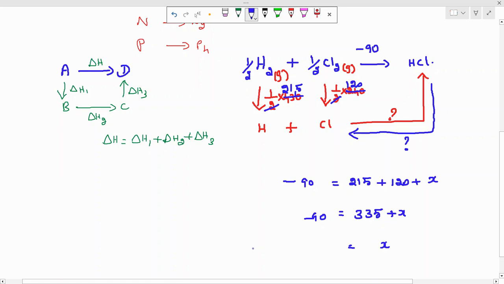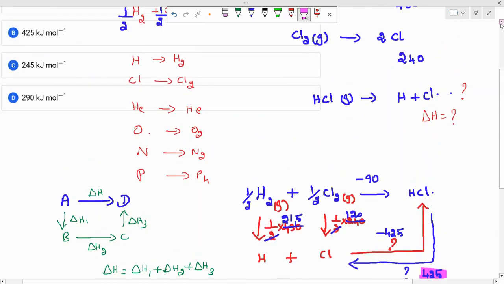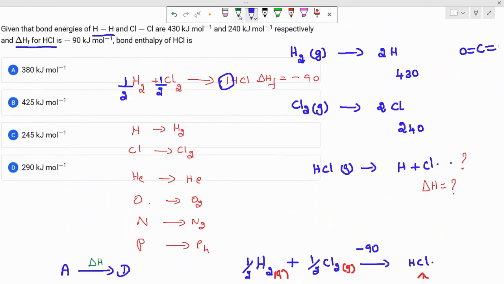So when we take the 335 to the left hand side, it will be minus 335, so X will be minus 425. Actually, it is minus 425 because it's formation, right? But we need the breaking enthalpy. That is why 425 will be the final answer. Let me check whether this answer is given in the choices. Yes, 425 is there, right?